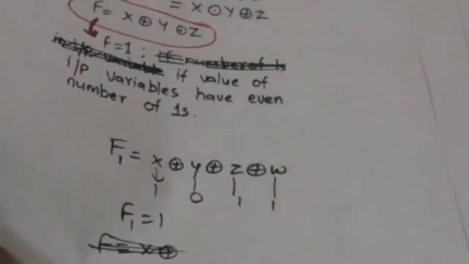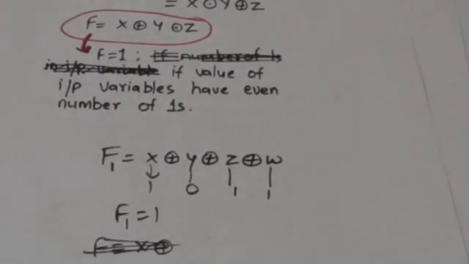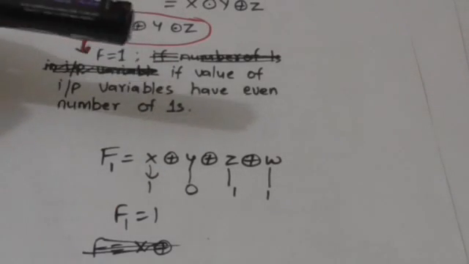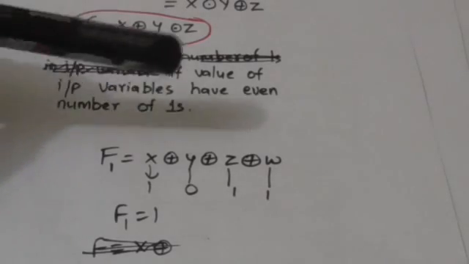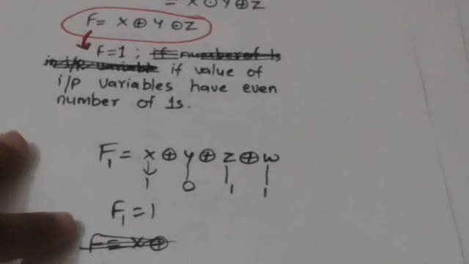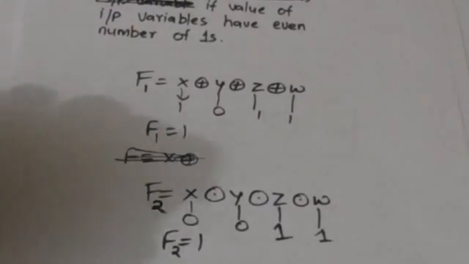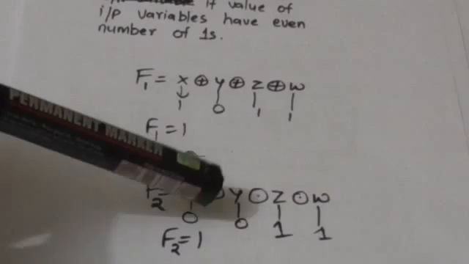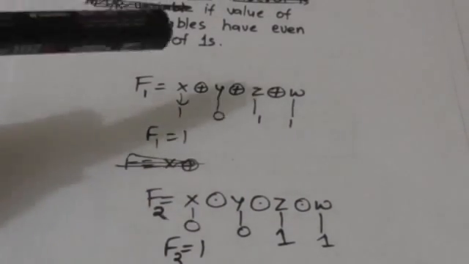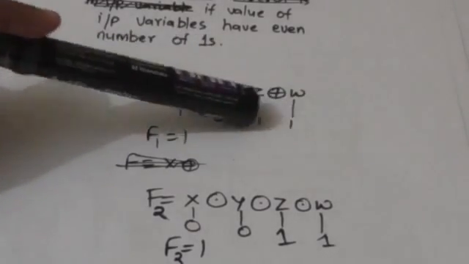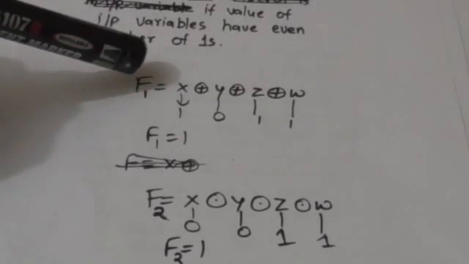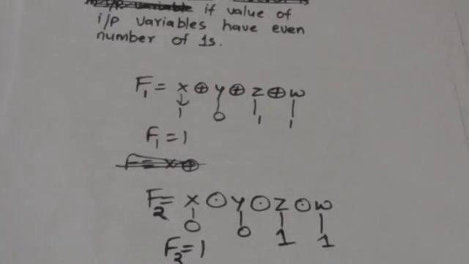For example, here f1 is an exclusive OR function of 4 input variables and f2 is an equivalence function of the same 4 input variables. Then for this combination of values of input variables 1, 0, 1, 1, the value of f1 will be 1 because it has an odd number of ones.